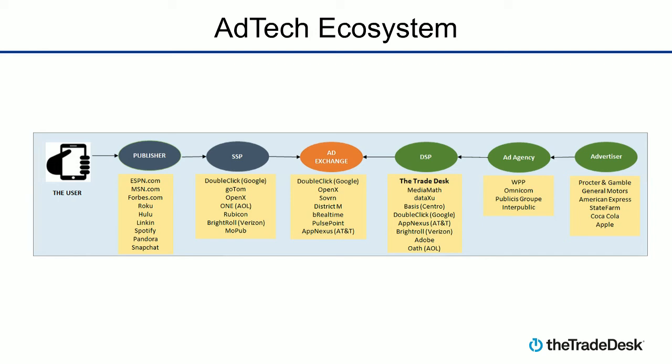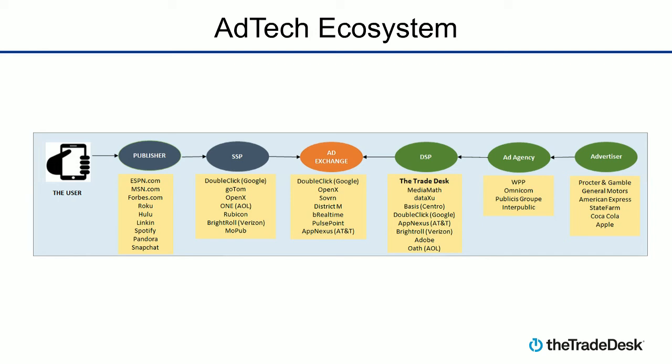The ads get placed onto websites and mobile applications and anywhere digital advertising happens. So publishers are what we think of, like we see here, ESPN.com, MSN.com, and so on.